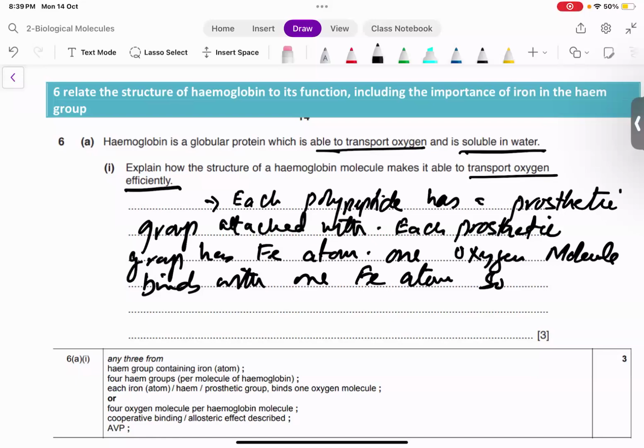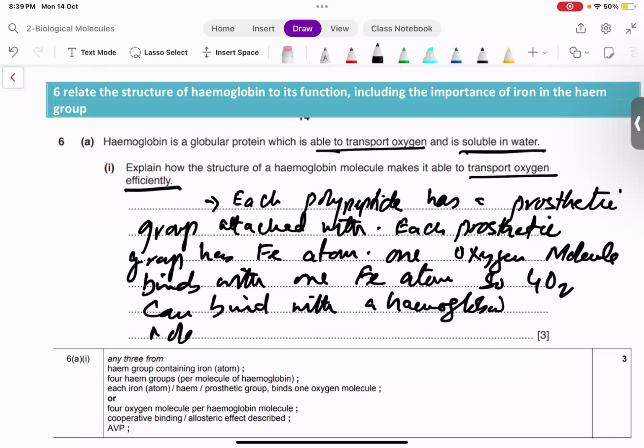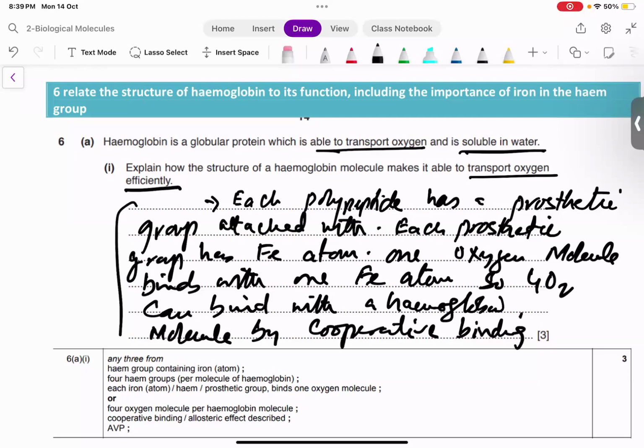So 4 oxygen molecules can bind with a hemoglobin molecule by cooperative binding. Okay, so that's how you can answer this question.